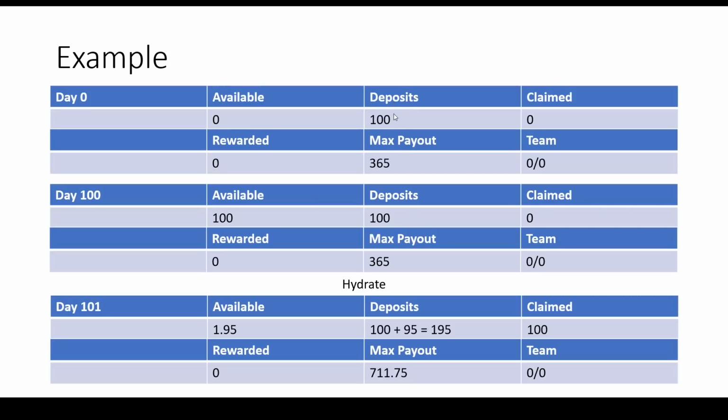Now keep this in mind, the 365% max payout. Keep in mind that you are forfeiting and burning these tokens. So you put 100 in and do nothing for, in this case, 1 year. At the end of 365 days, your available is going to be 365.